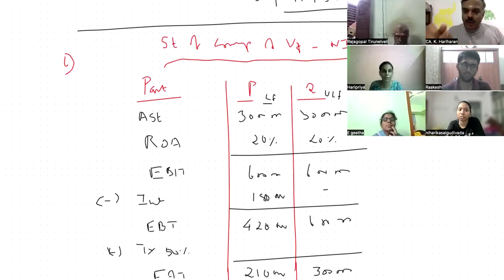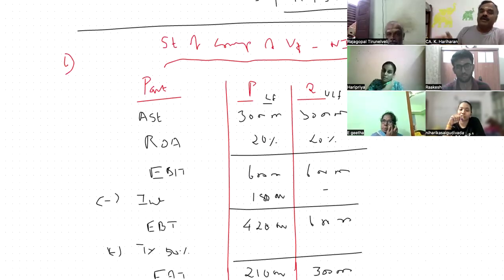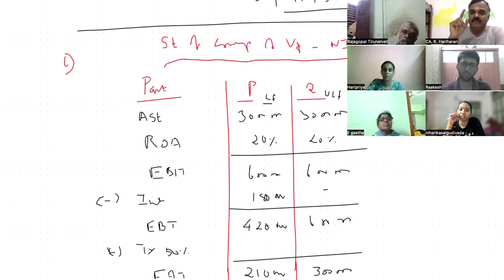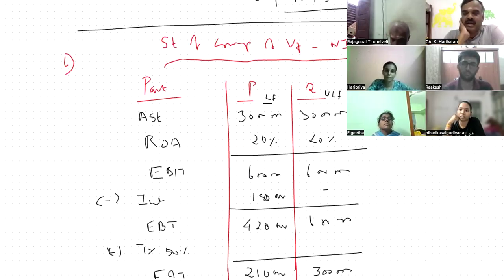Right? If you are an investor, Kailash is investing in my company, he is purchasing shares. Rakesh is also an investor, he is investing in my company, he purchased the debenture. Then who is taking more risk, Kailash or Rakesh? Kailash. Because equity shareholders take more risk, because an equity shareholder will get the dividend only if there is a profit, whereas a debenture holder gets guaranteed income by way of interest.